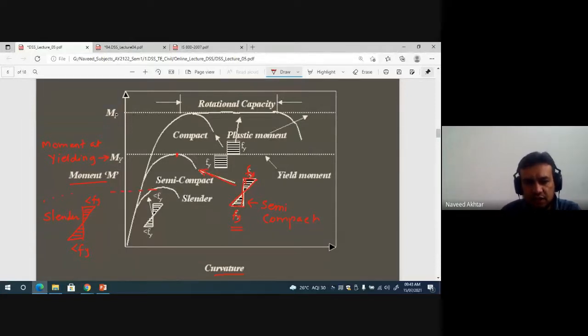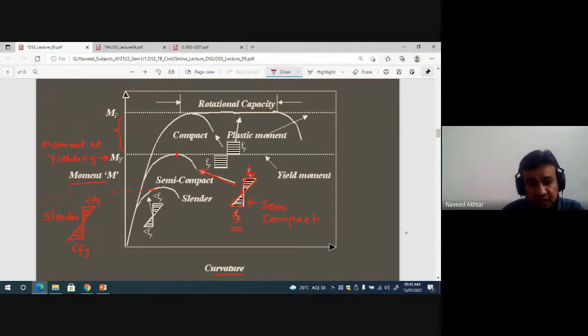But if you consider the plastic moment capacity of the section, the portion above yielding is nothing but the plastic moment capacity of the section.